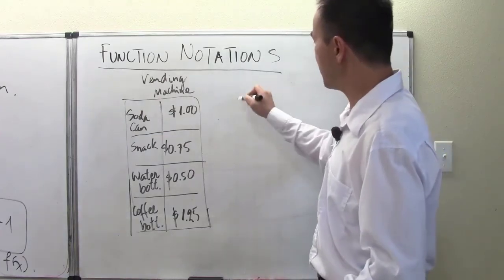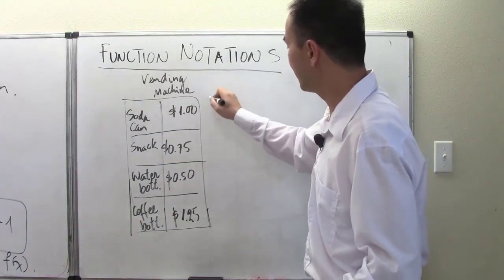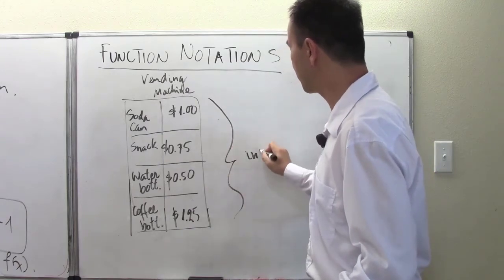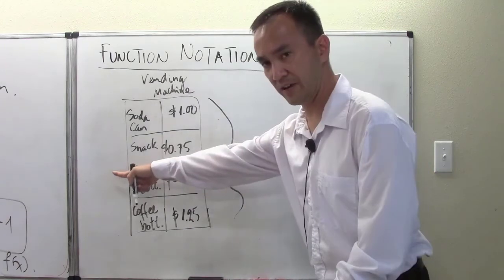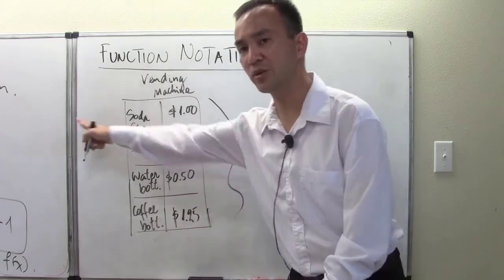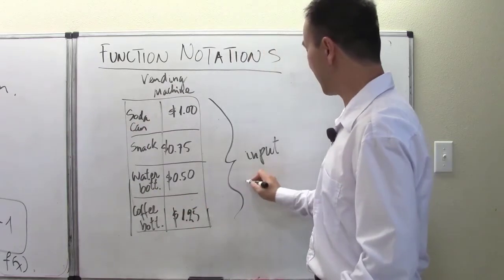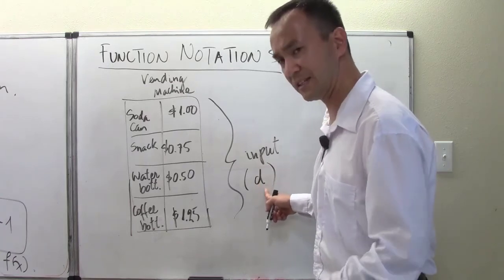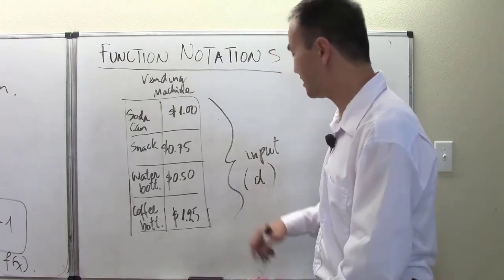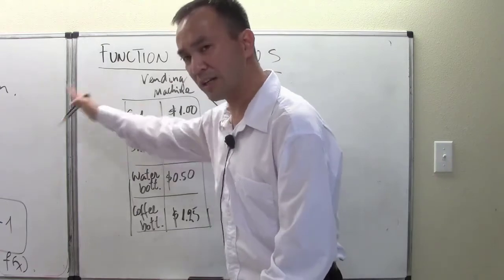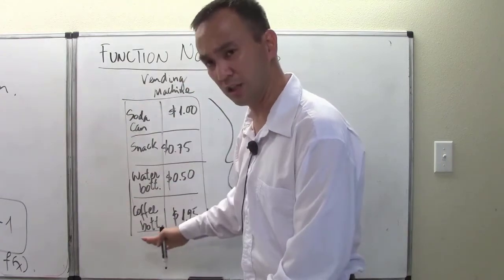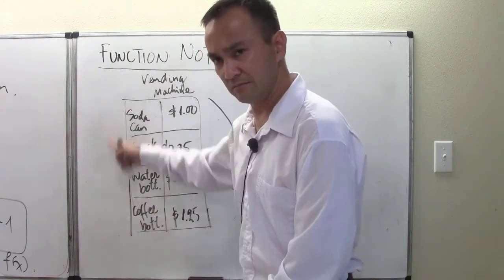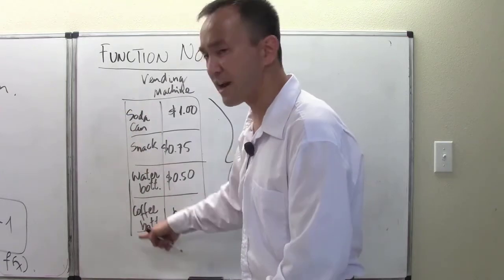So money, this part right here, is the input, because you can give it in and then it has a rule to determine what comes out. The input here is in dollars, so let's use the variable d for dollars. And the output, what comes out from this rule, is a product from this vending machine.